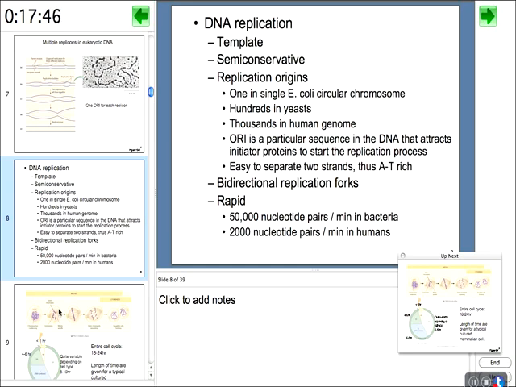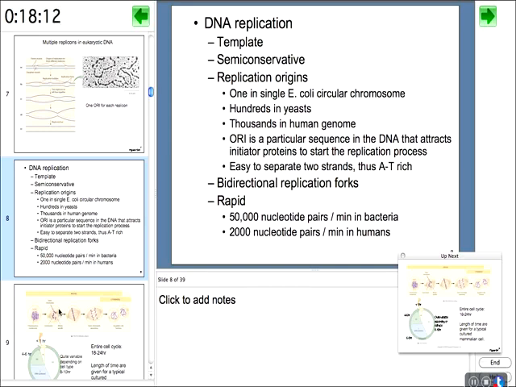There are thousands of ORIs in the human genome, multiple on each individual chromosome to allow speed. Again, the ORI is a particular sequence in the DNA that attracts what are called initiator proteins. We're going to learn more about those in just a moment. That's what starts replication.